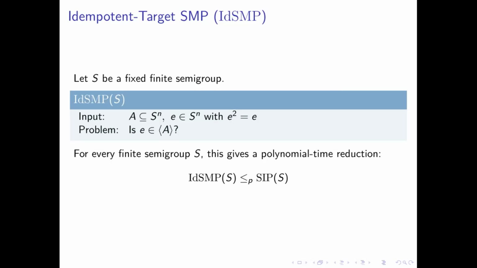The problem is: is E contained in the algebra generated by A, in this case the subsemigroup generated by A? You can see that this immediately polynomial-time reduces to the subpower membership problem, but also the idempotent subpower membership problem reduces to SIP.